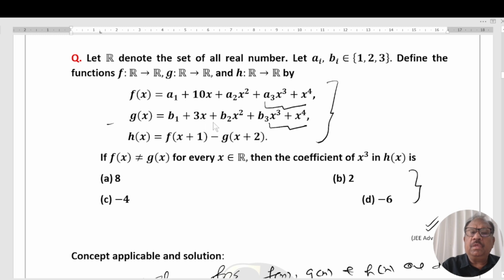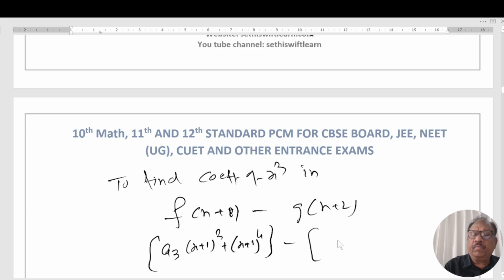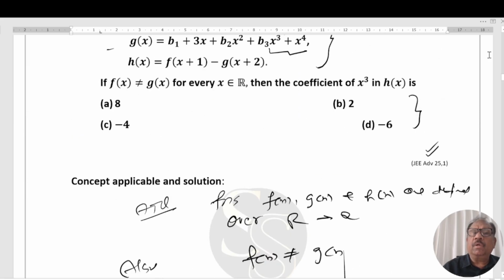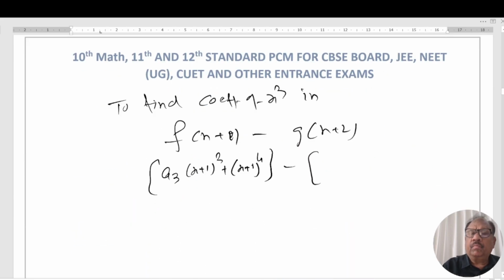No need to write these terms. a3 (x+1) whole cube plus (x+1) whole 4, this came. Minus g, in this also the same will come, b3 (x+2) whole cube plus (x+2) whole 4.